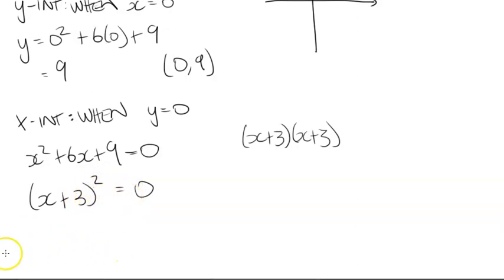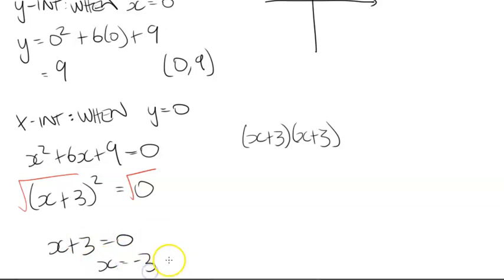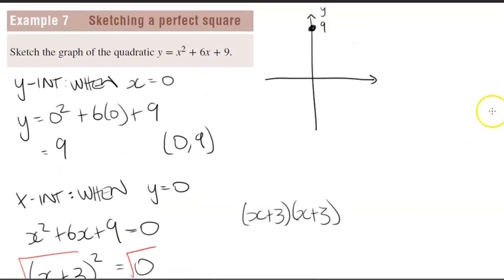If I square root both sides, I end up getting x plus 3 is equal to 0, so x is equal to negative 3. There's only one coordinate where this works, and that is x equal to negative 3. So (-3, 0) happens around here.